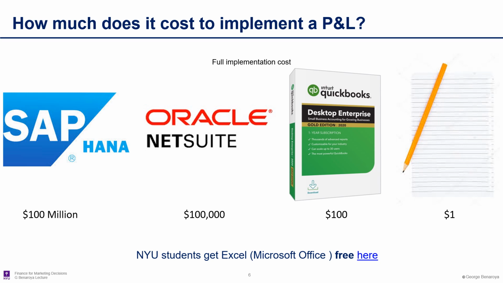A small business can use QuickBooks for $100. The farmer we saw before can use a piece of paper and a pencil for $1. If you're a student, you have something much better than a piece of paper. You can download Microsoft Office, including Excel, for free.